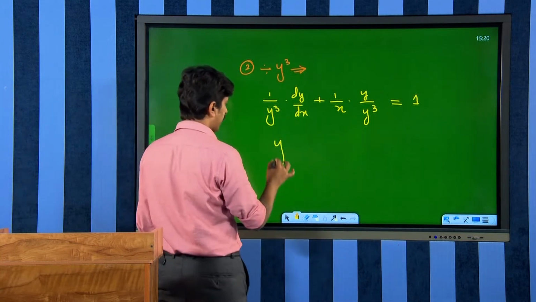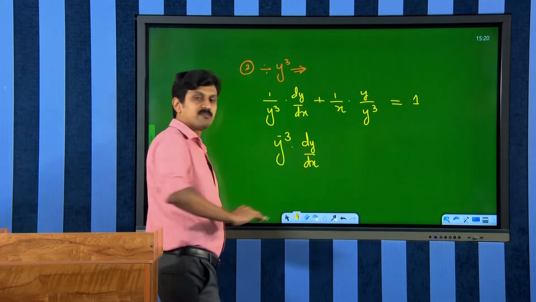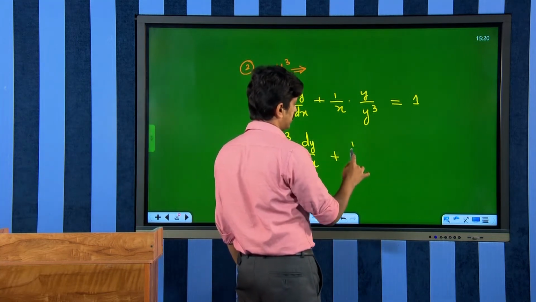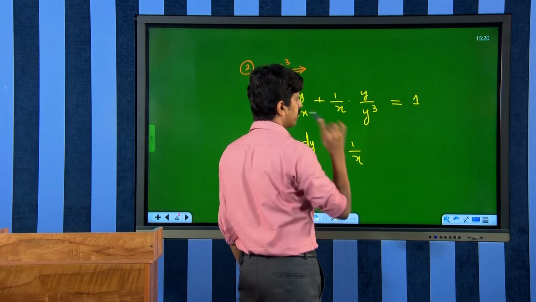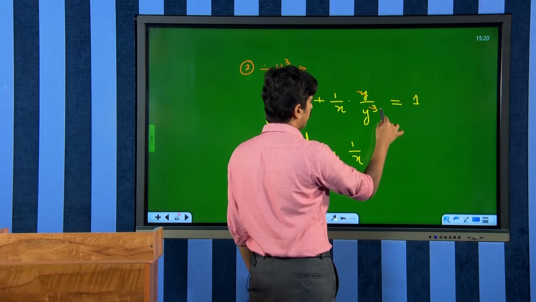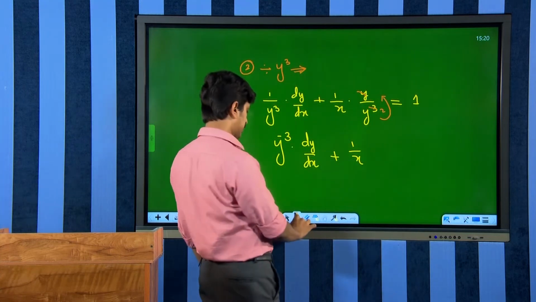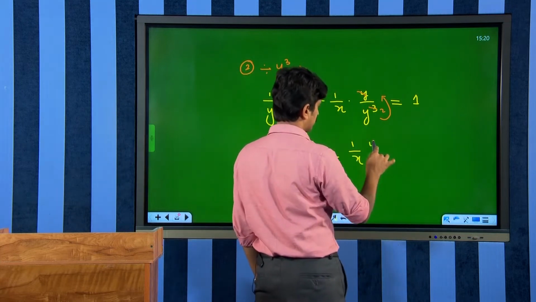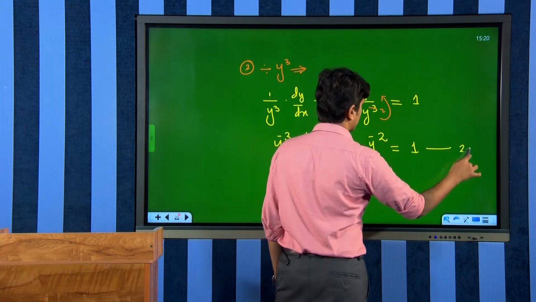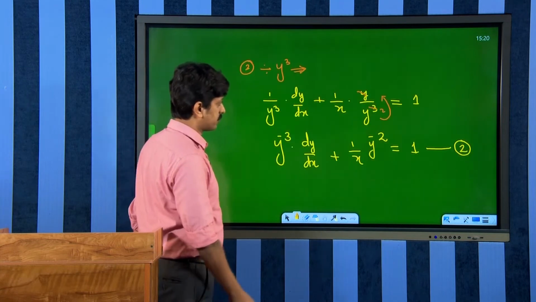So, we have y raised to minus 3 into dy by dx, and 1 by x into y divided by y cube is y square, y divided by y square. While taking y square to the numerator, y raised to minus 2 is there. So, y raised to minus 2 is equal to 1. This is our equation number 3.